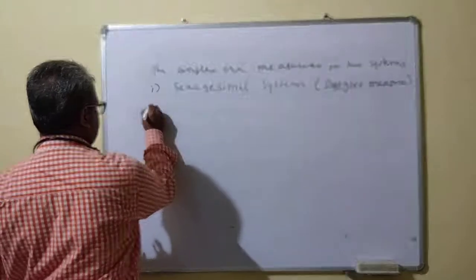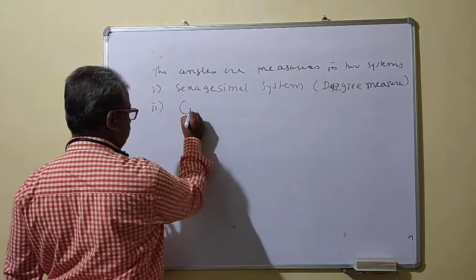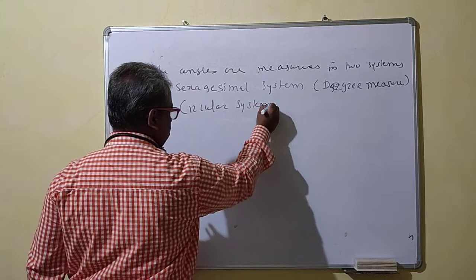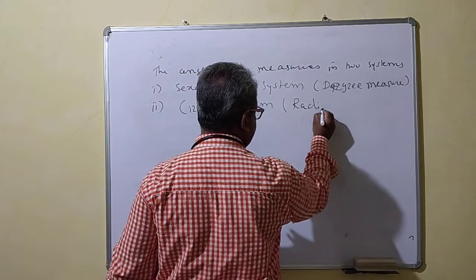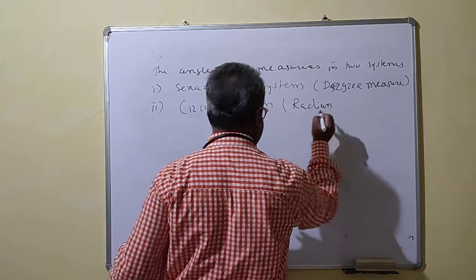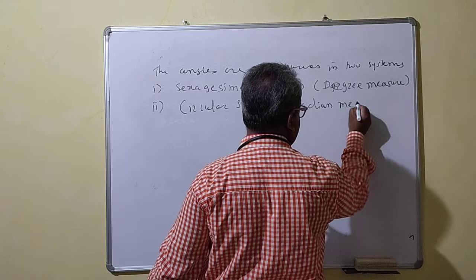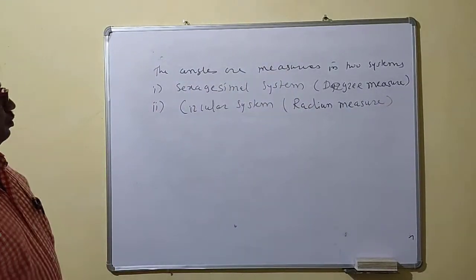And the second is the circular system, which is called radian measure.